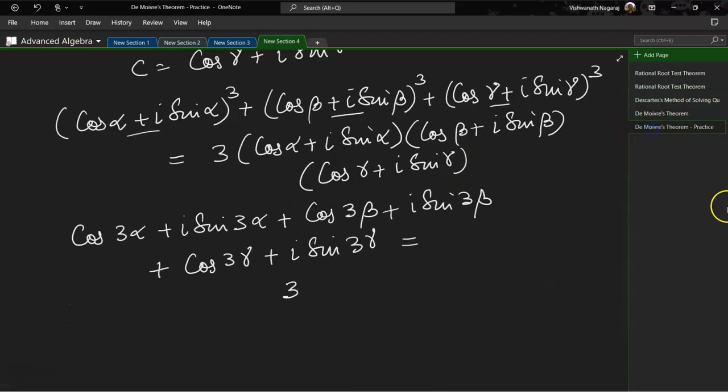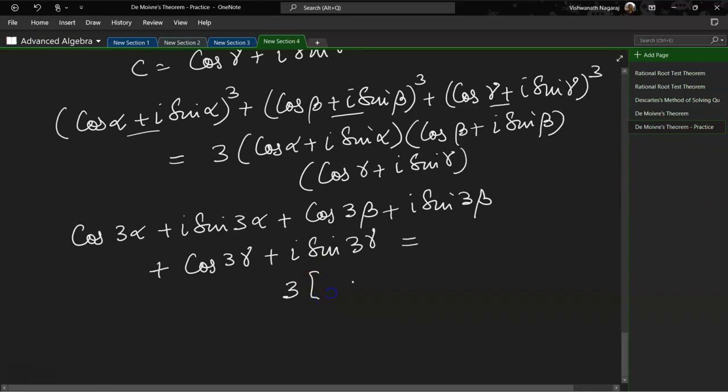So we directly apply this. So we end up with 3 times cos (alpha plus beta plus gamma) plus i sin (alpha plus beta plus gamma).